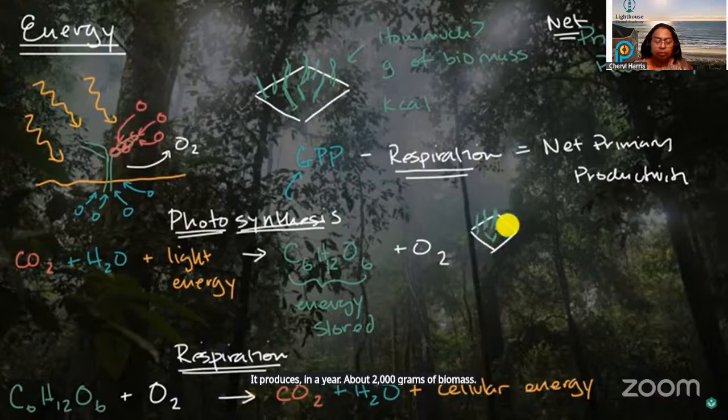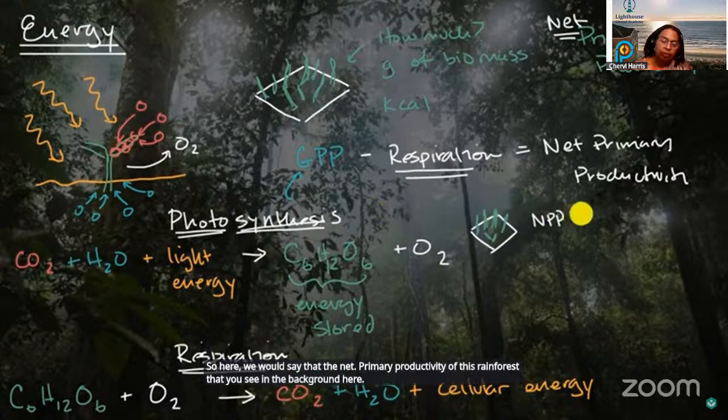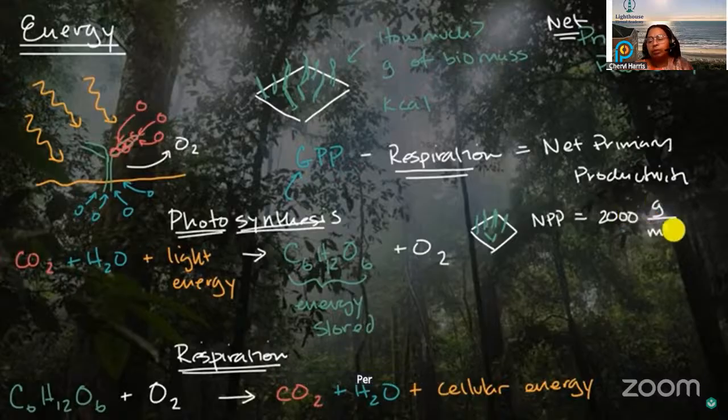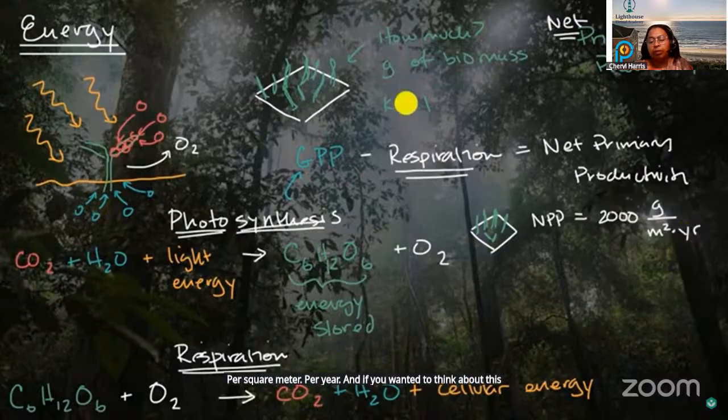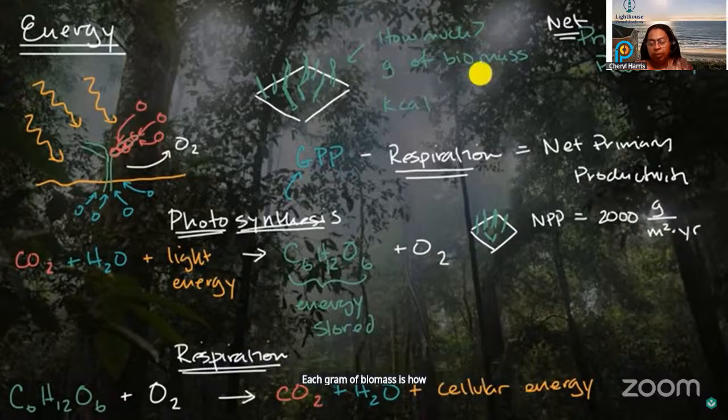So here we would say that the net primary productivity of this rainforest that you see in the background here would be approximately 2,000 grams per square meter per year. And if you wanted to think about this in terms of kilocalories, you just have to say, well, each gram of biomass is how many kilocalories, and it depends on the type of biomass.